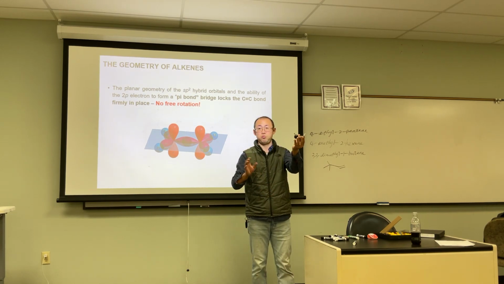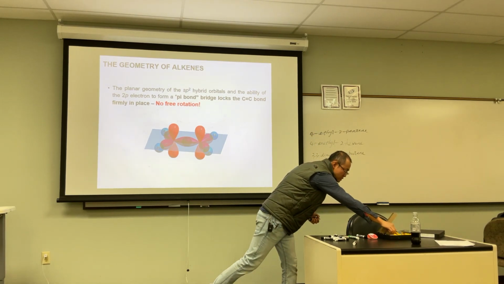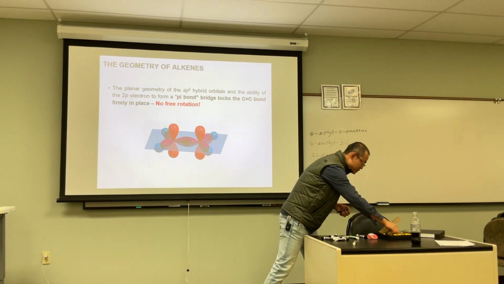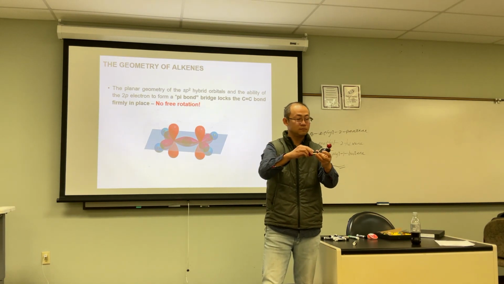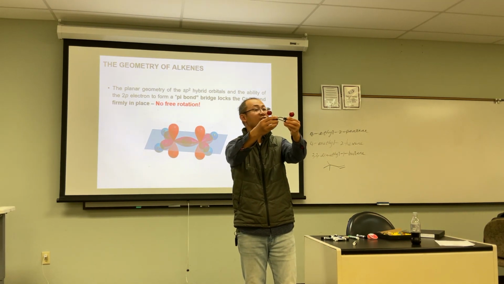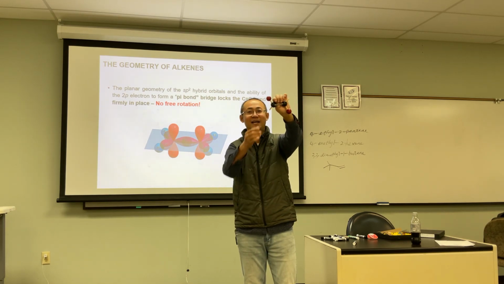It's 100% frozen. You cannot even twist a little bit. It's fixed. That means if I have 2 groups on the same side of the double bond, you can never rotate it to make it the opposite side.